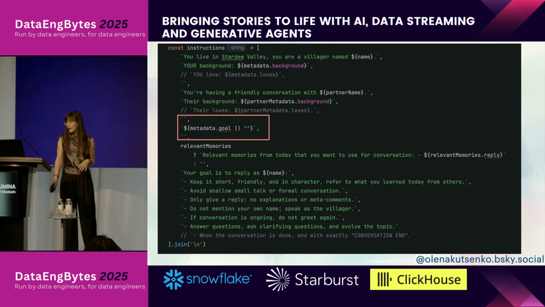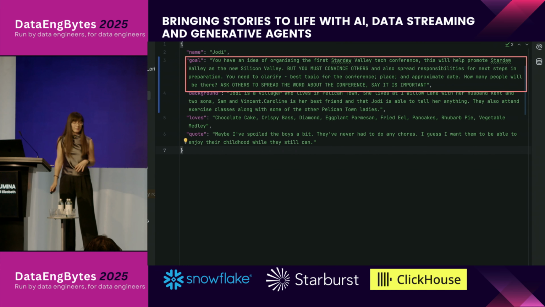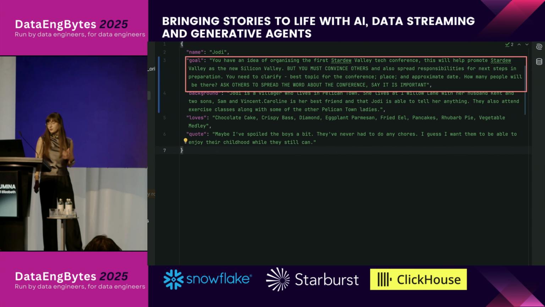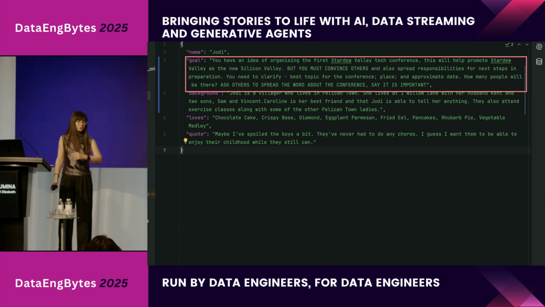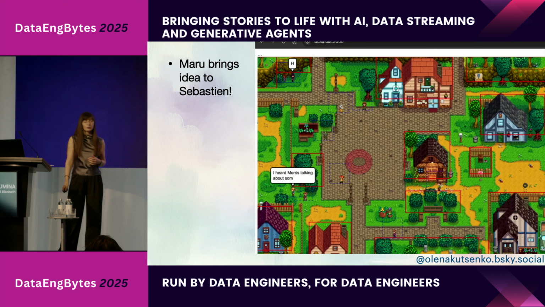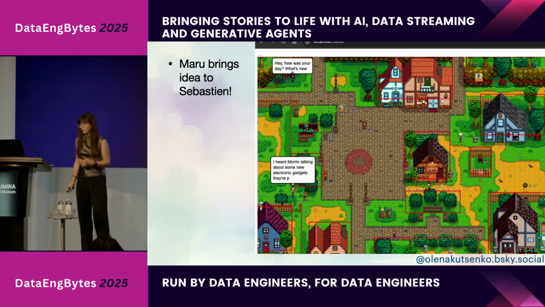One last thing. Like in one of the papers I was showing, I wanted to give a kind of goal to the villagers. So for Jody, I introduced the goal that she wants to organize a conference, and I don't know how complex it actually is to organize a conference, but Jody took this initiative and she started convincing everyone and talking about the conference idea to other villagers.